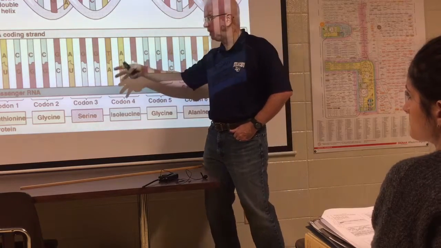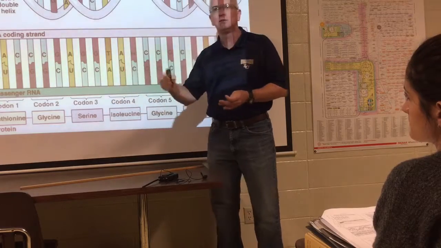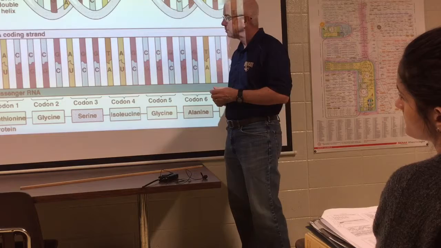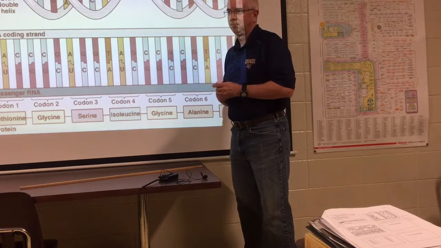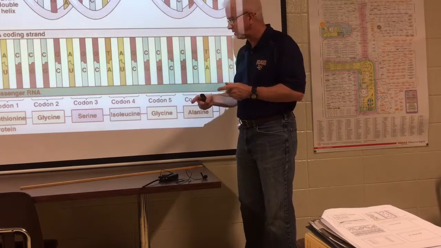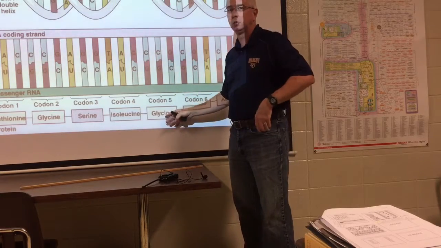So there are 3 base sequences then that are used to tell the cell what amino acid goes next in the strand. Now, does it matter that methionine goes first, glycine goes second, serine goes third, isoleucine goes fourth in this particular protein?